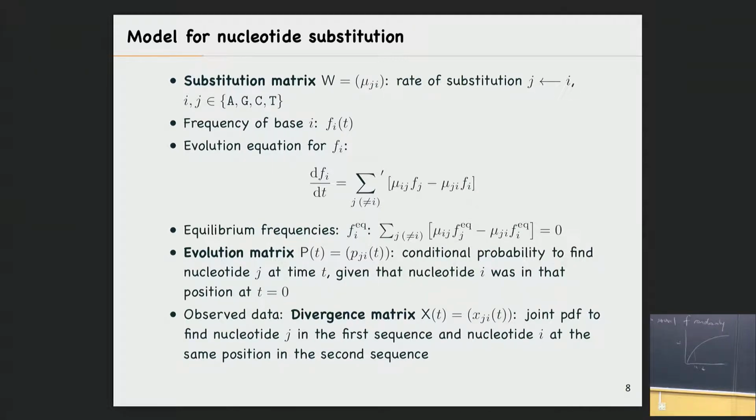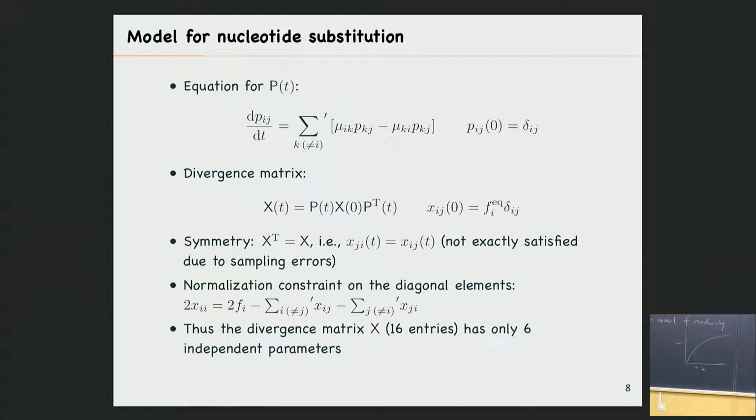Now, how can you turn that? This is the equation for the evolution matrix. Again, it's just the master equation that we have written before. If you know the evolution matrix, you can write down the divergence matrix. The divergence matrix is obtained by considering evolution forward in time on one branch and backward in time for the other branch.